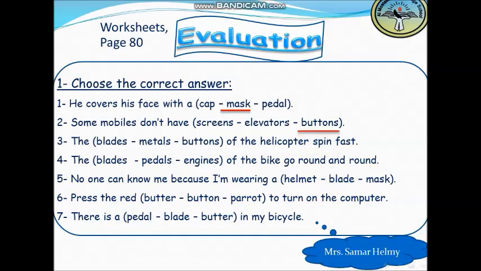Okay, the blades or metals or buttons of the helicopter spin fast. Yes, Jasmine. Yeah, the blades. Okay, the blades, pedals, engines of the bike go round and round. Of the bike. Focus, please.